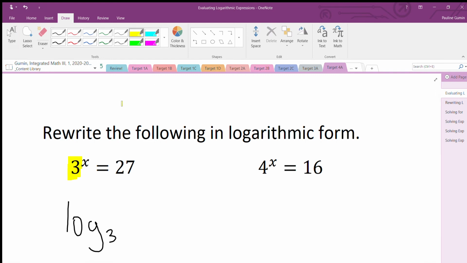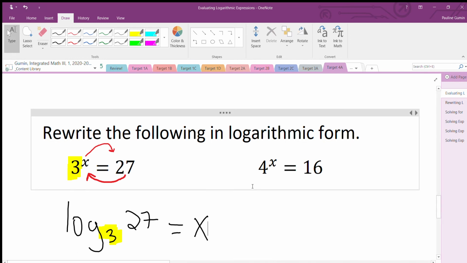All right. The exponent goes on the other side of the equal sign. And what was on that equal sign, I'm just following the clockwise direction, goes with my base. Log base 3 of 27 equals x.